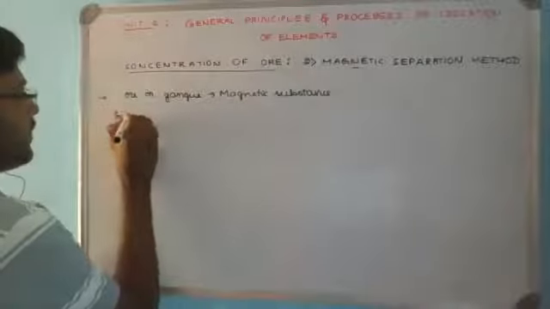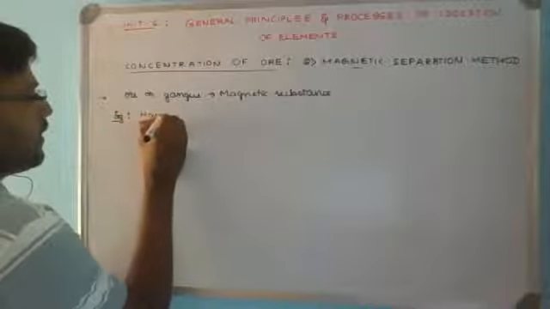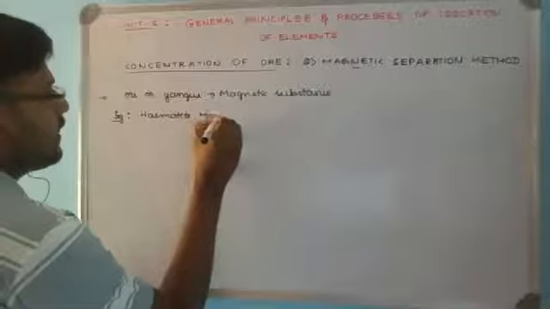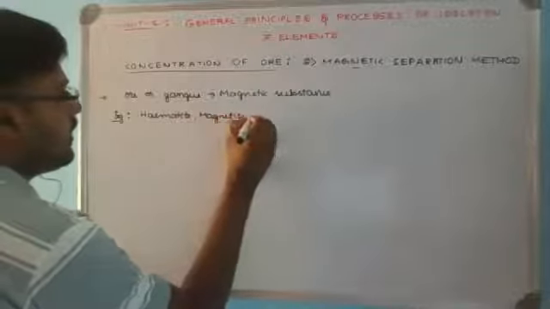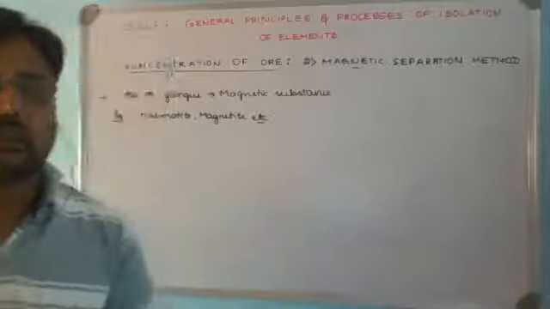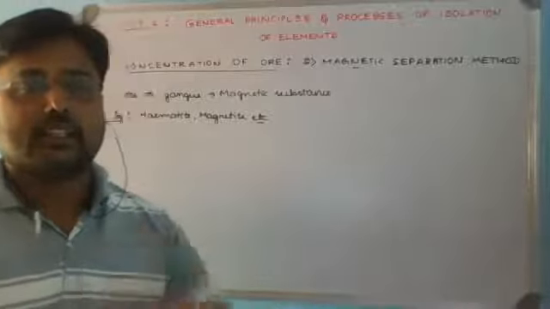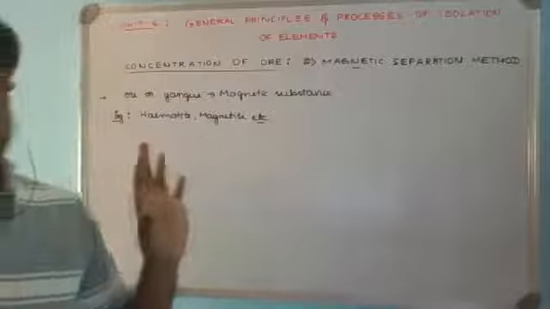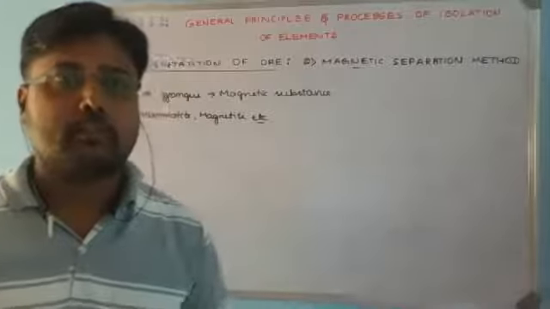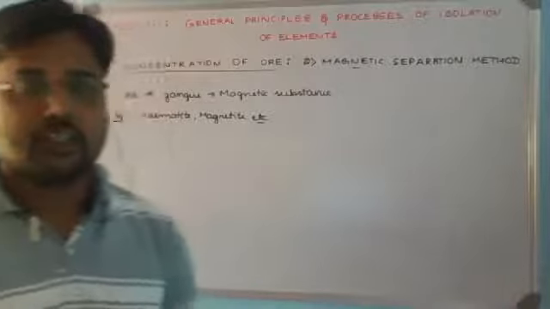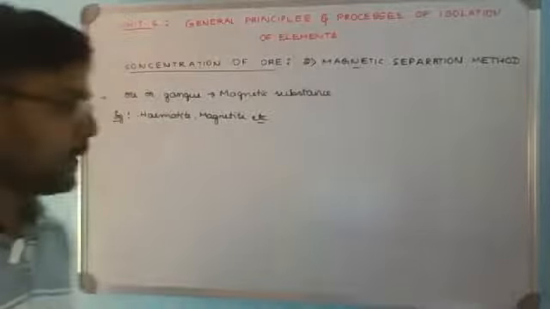As examples you can consider hematite, magnetite, etc. All these iron ores have a magnetic property, so based on that we can consider them. Now we'll focus on the main importance of the method, with a few simple illustrative pictures, that is with the help of a diagram.